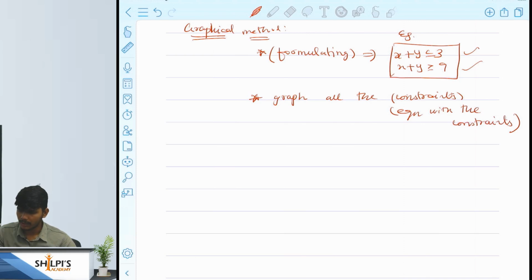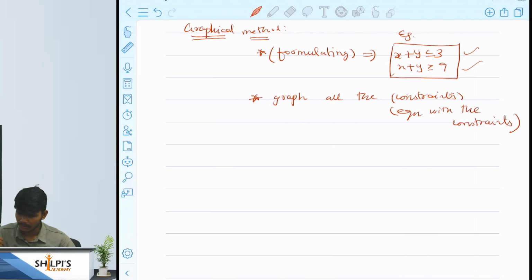The same product can be produced by machine 2 in 1 hour. That is obviously telling us that the second machine is producing product A very quickly. Product B requires 1 hour on machine 1 and 2 hours on machine 2, which means machine 1 is producing product B in a slow manner.